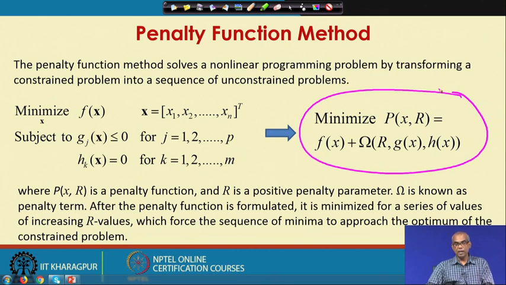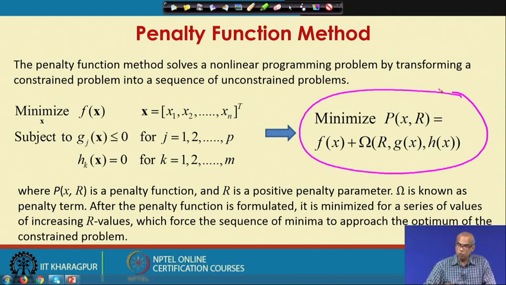So, we can take various values of r and can solve a sequence of unconstrained problems, and you will get the sequence of minima to approach the minima of the original constrained problem.